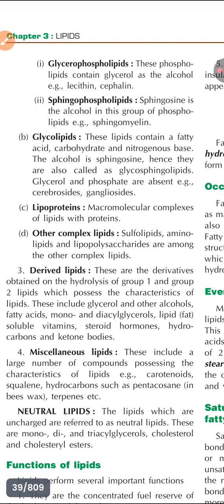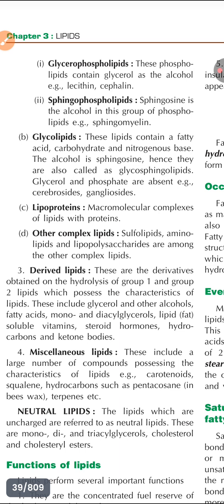We have examples like lecithin and cephalin. And sphingophospholipid, also the alcohol is in this group of phospholipid. The sphingosine is the alcohol. So we have sphingomyelin. This is found inside the cell membrane.